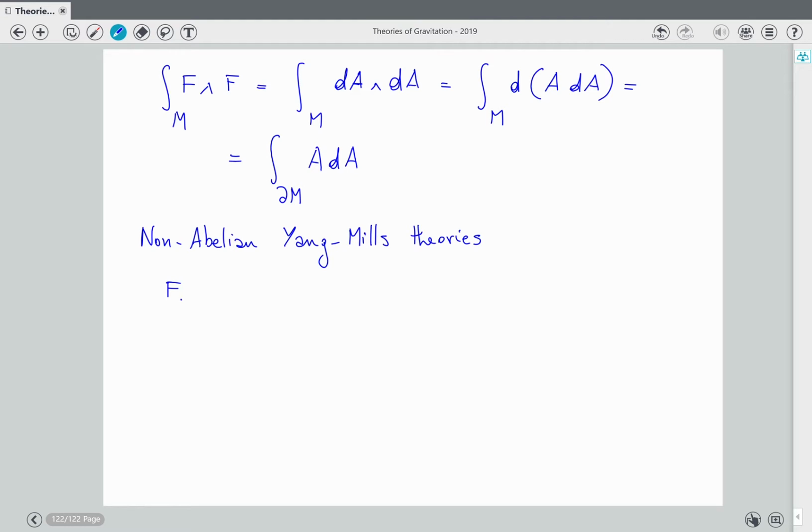There, the difference is that instead of having F_mu nu, you have indices which we will denote by A with a dot to differentiate them from the flat space indices, which is built with many connections because they have this extra index. And then you have a correction here which involves certain constants that are called structure constants.